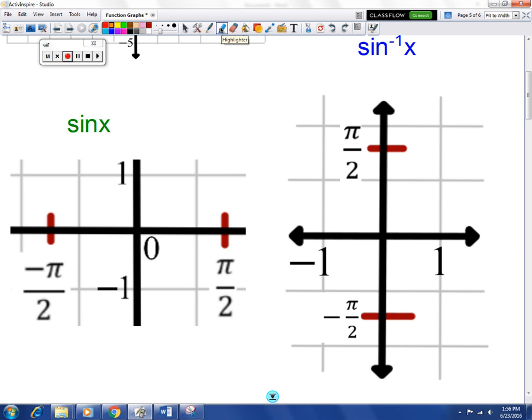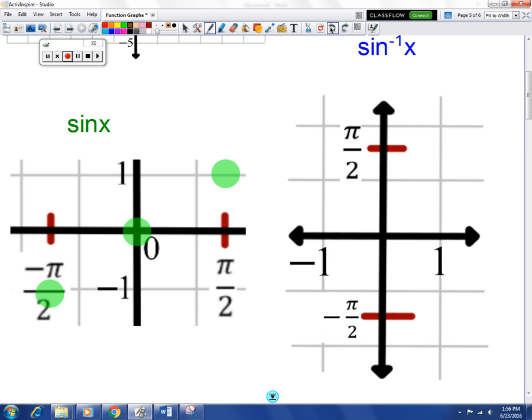A regular sine function will look like this. At 0, our first point is 0, 0, and at pi over 2, we go up to positive 1, about there, and at negative pi over 2, negative 1. So this is just a portion of a regular sine graph, blown up.